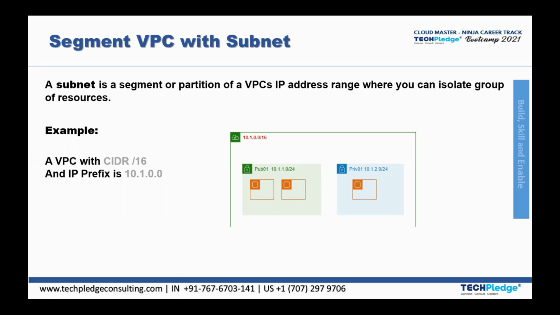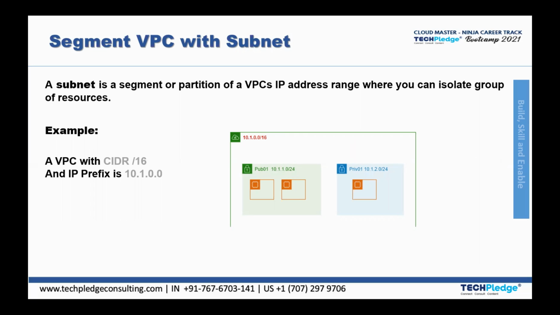It says that a subnet is a segment. What is it? A segment is a partition of the VPC's IP address range where you can isolate groups of resources. Now, to understand this definition, I have taken a simple diagram.